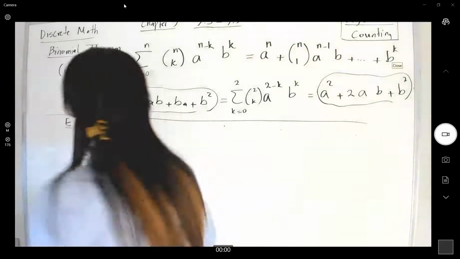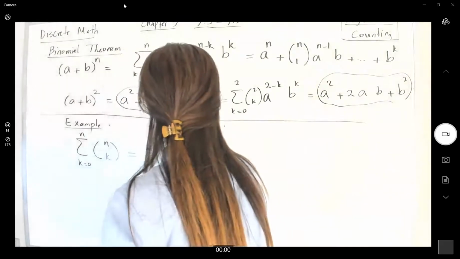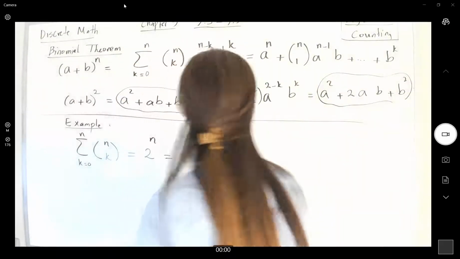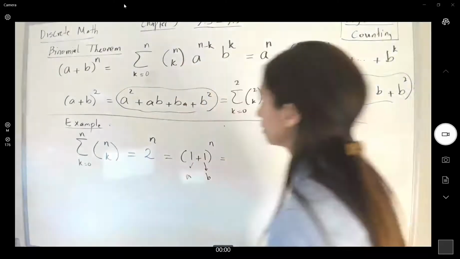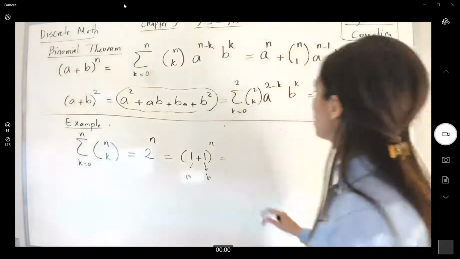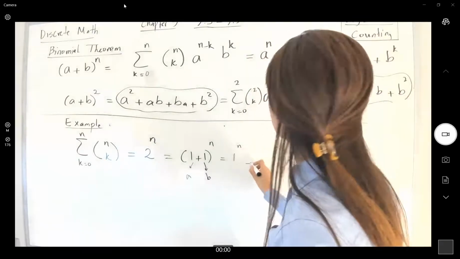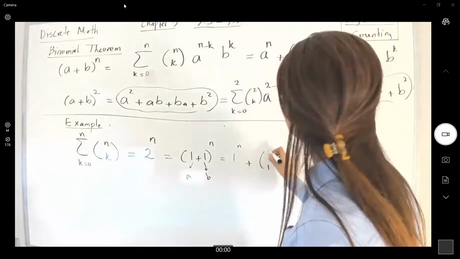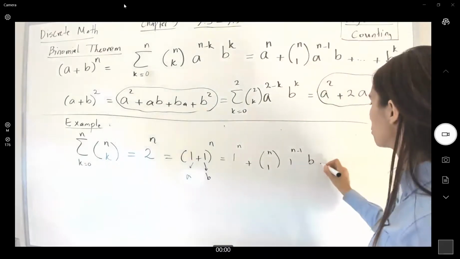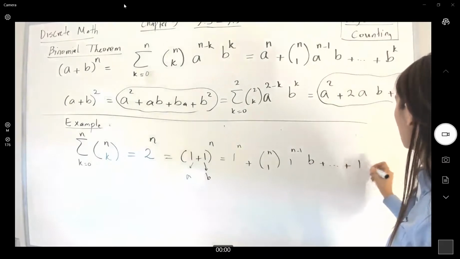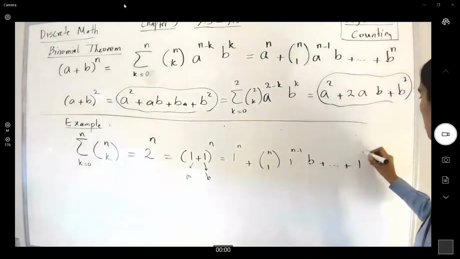So this can be written as (1 plus 1) to the power n, which gives you a equals 1, b equals 1. If you follow the formula, it says I have 1 raised to power n, plus 1 out of n, 1 raised to n minus 1, b raised to 1, plus dot dot dot, up to 1 raised to the power n.